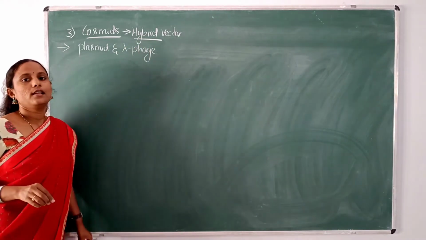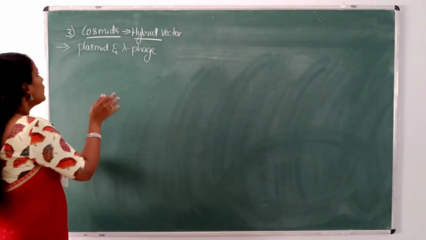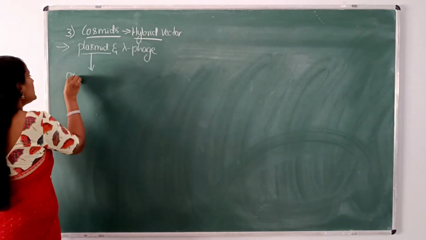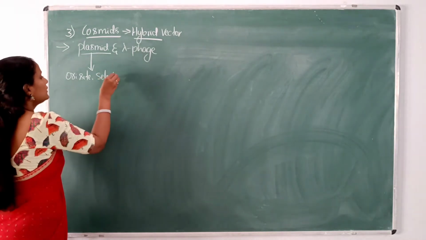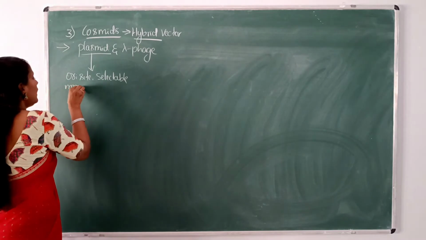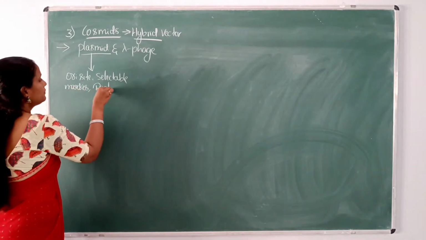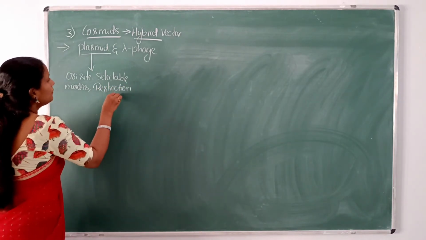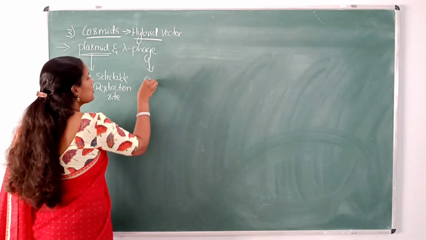It is an artificially constructed vector which can transfer a long length of DNA. Here they have taken characteristics like the ori site, selectable markers, and the restriction site from the plasmid, and they have taken the cos site.